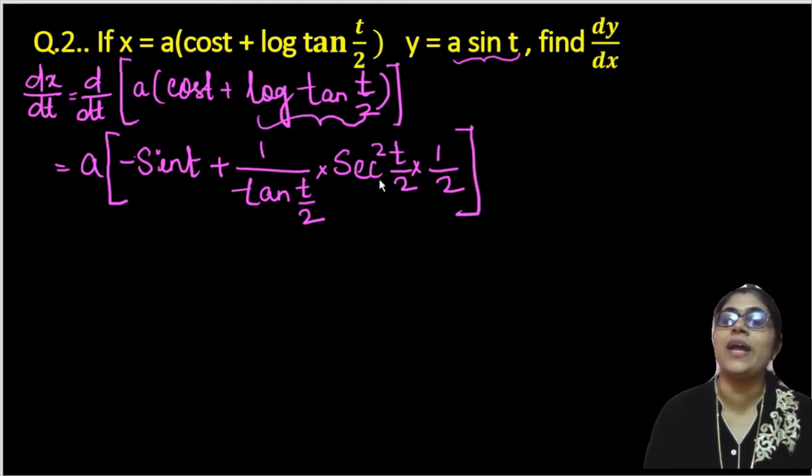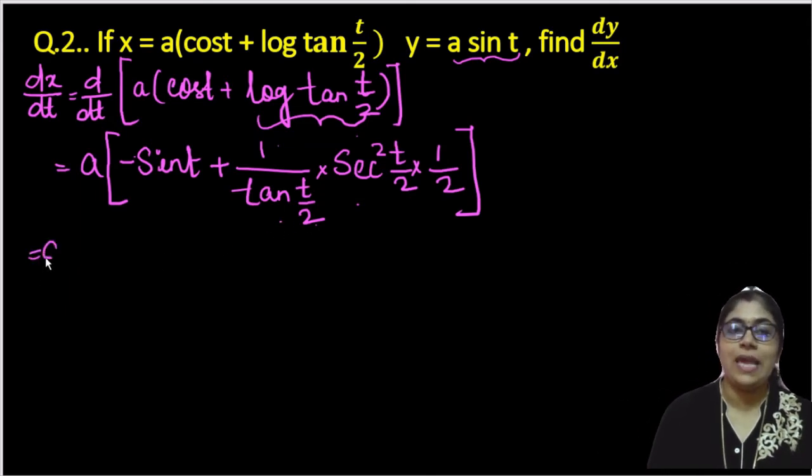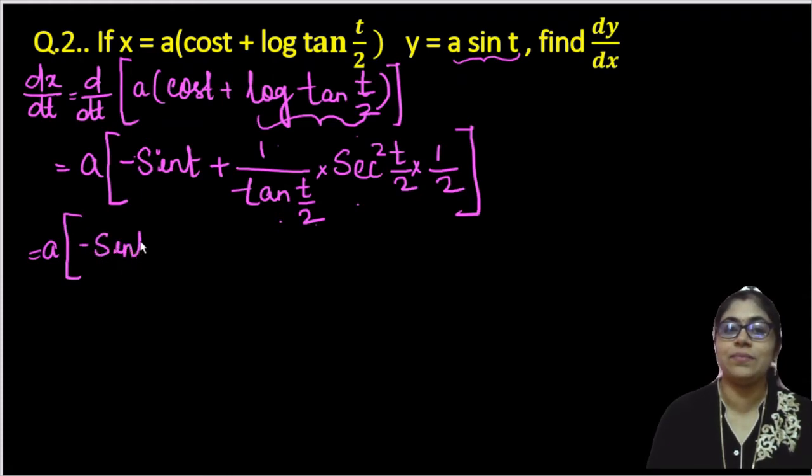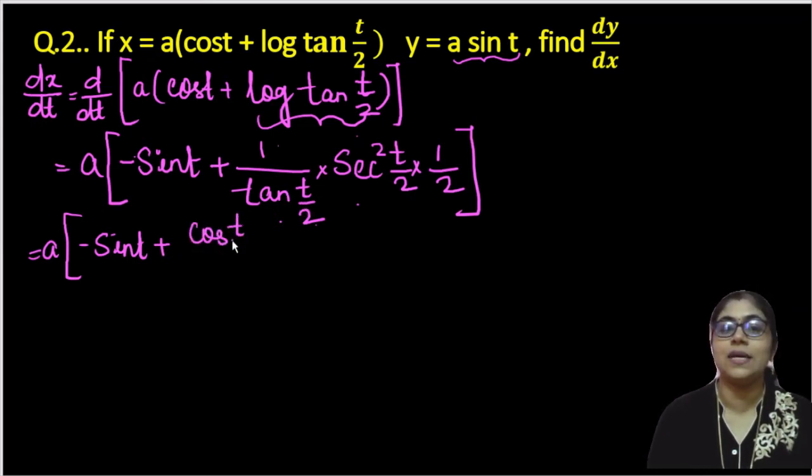And sec square t by 2, we can write 1 by cos square t by 2, and tan t by 2 is sin t by 2 by cos t by 2. So this is equal to a into minus sin t plus 1 by tan t by 2 is cot t by 2. So we can directly write here cos t by 2 divided by sin t by 2.